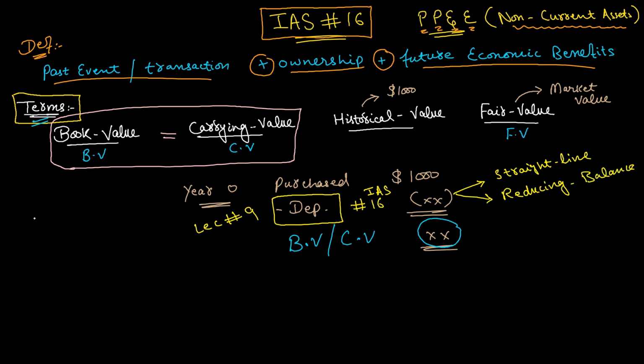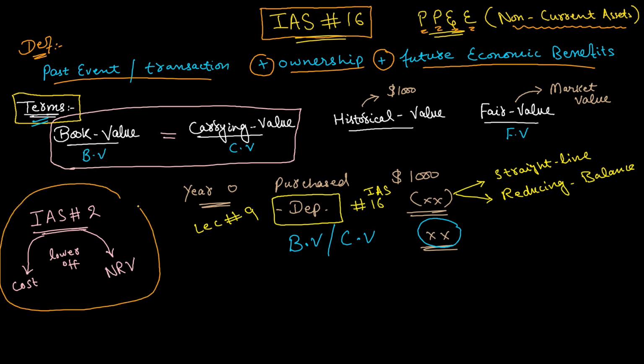And if you recall IAS 2 Inventories, we studied that inventories must be valued at the lower of cost versus NRV, or net realizable value. Please remember, this rule will not apply to IAS 16.